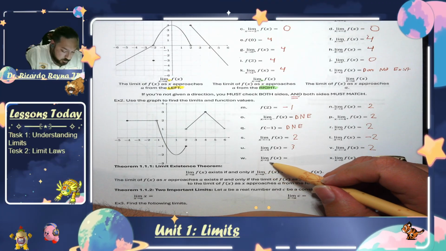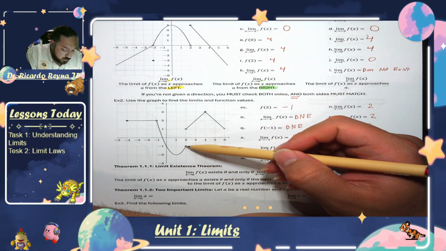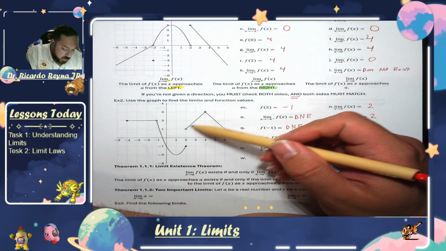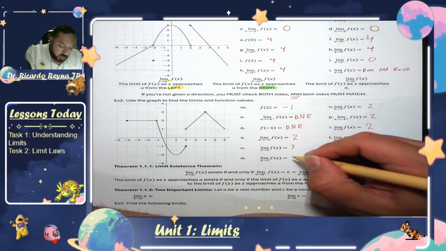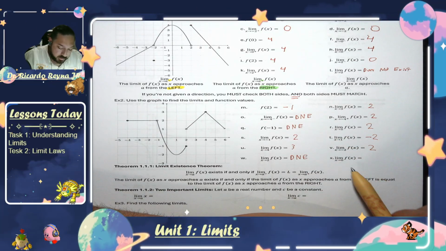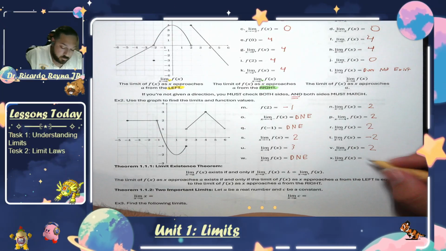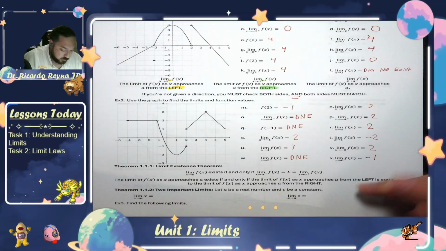As x goes to 2, we have a little bit of an issue because from the left, it will go to -1, but from the right, it will go to 1. Those clearly don't equal, so this limit does not exist. And then lastly, the limit as x goes to 0 will exist now, being -1.